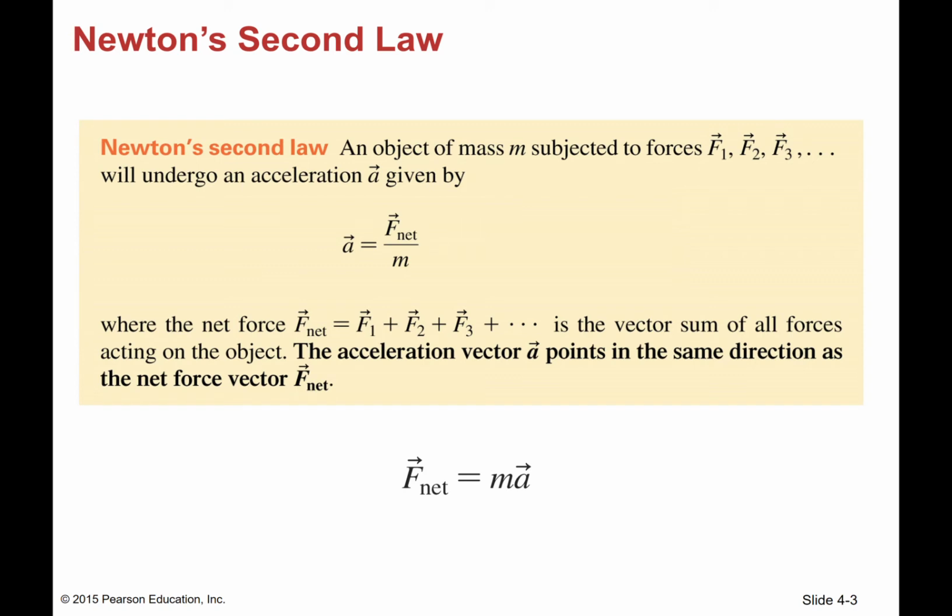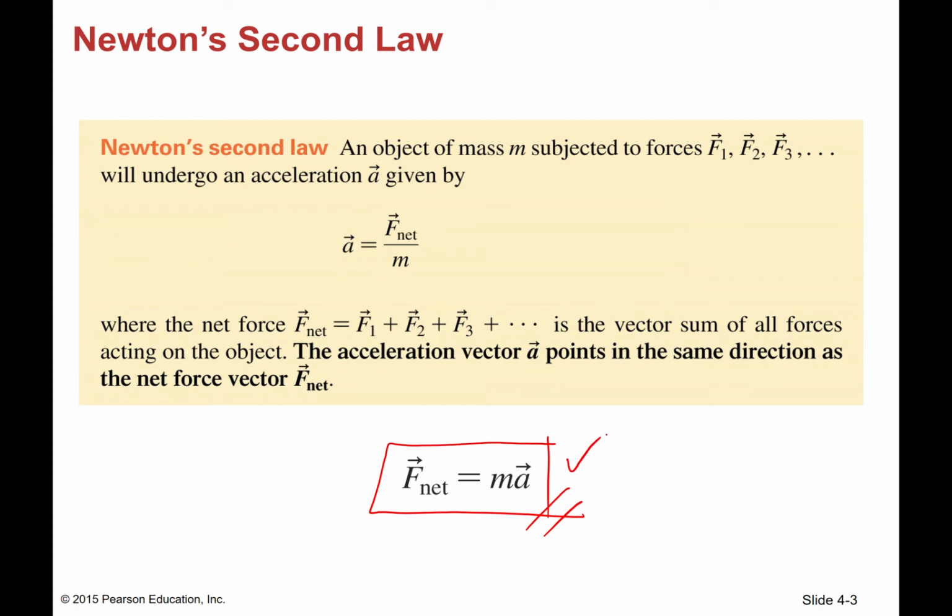The acceleration vector points in the same direction as the net force. Another way to write this, and this is one of the most famous equations in physics, is that the net force is equal to mass times acceleration.